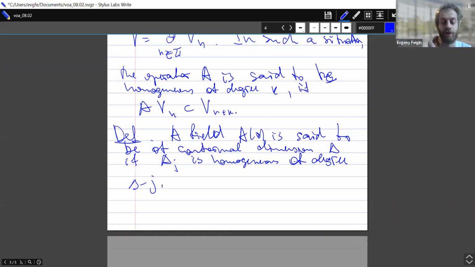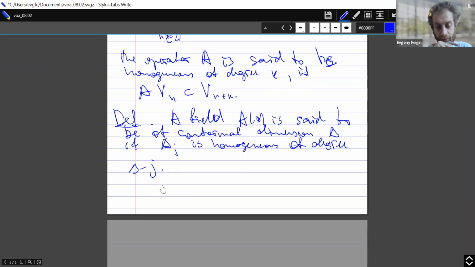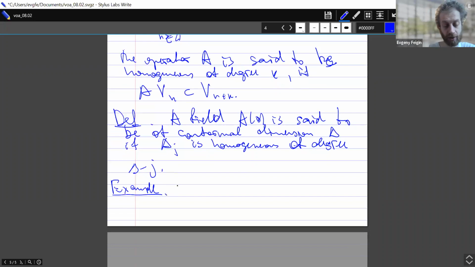Yes, delta minus J. So for example, delta is 0 is equivalent to saying that A_J has degree minus J.